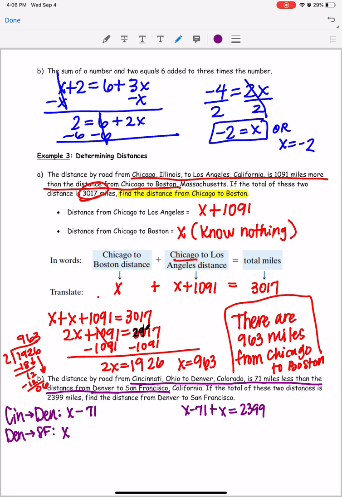So solve. x plus x gives me 2x. So I've got 2x minus 71. I've got my variable over here, so that means I need my constant over here. So we're going to add 71.